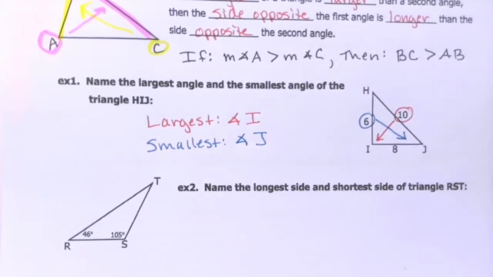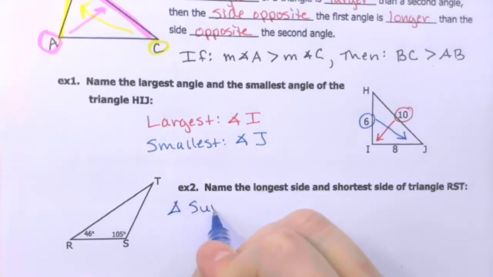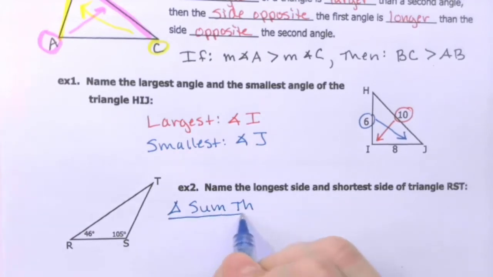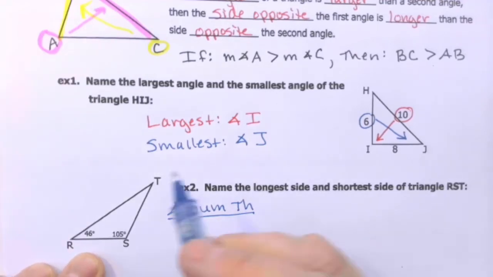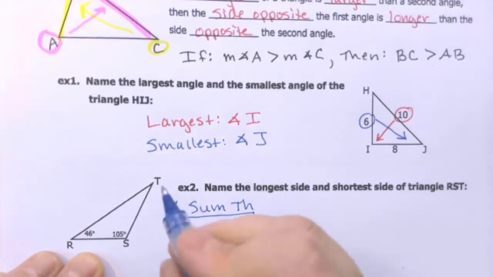Okay, example 2. Name the longest side and the shortest side of the triangle. So the problem here is that we don't have all three angles. So we're going to need to use triangle sum theorem to get angle T, and then we can figure out which sides are shortest and longest. Triangle sum theorem says all three angles add up to 180.